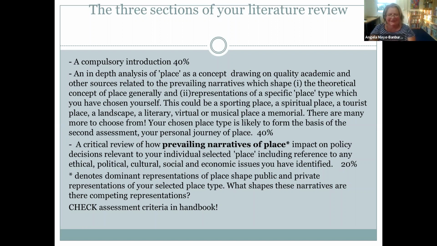There is this third element, which is what we've called the prevailing narratives of place, these overarching stories. What is it that your place type actually means? What implications does it have for people in real life? And to help you to frame that, I've suggested you look at the ethical, the political, the cultural, the social, and economic issues. You may not look at all of them equally, but you may look at some more than others.